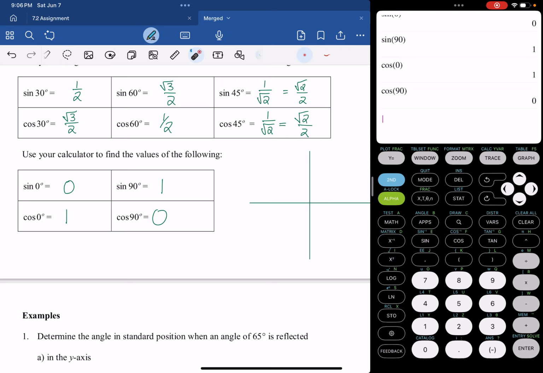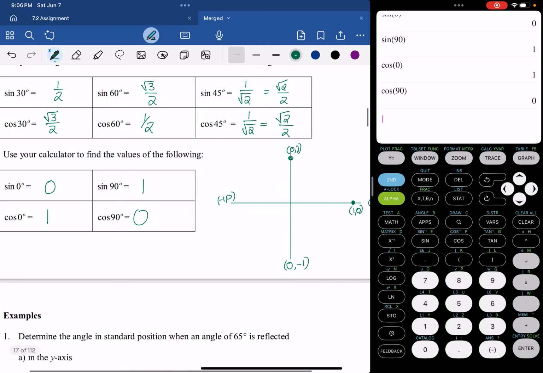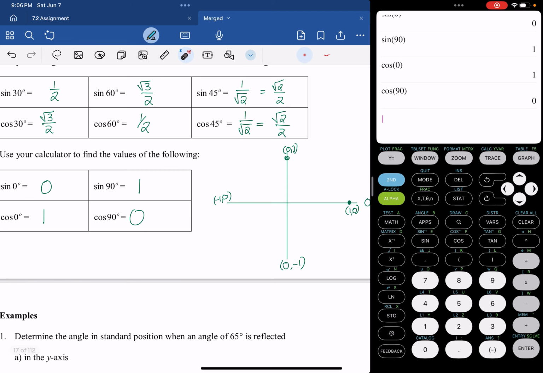So on this circle, I'm only going to go to where the point here would be at 1 and 0, okay? And that here, this would be 0 and 1, okay? And that this would be -1 and 0, and this would be 0 and -1. So if I look here where sine is 0, so at 0 degrees, sine is 0, sine is my y. At 90 degrees, sine is my y, I'd be at 1. So that's kind of where that's coming from.